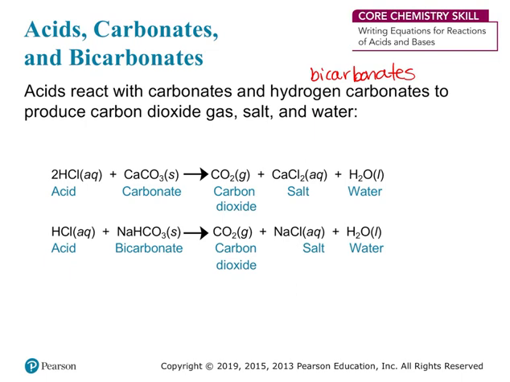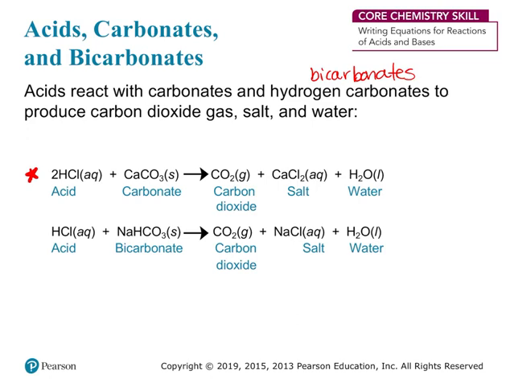And this is actually going to be the type of reaction you'll see in our lab for the week, in the carbonates lab. So let's look at the first reaction. We have hydrochloric acid reacting with calcium carbonate to produce carbon dioxide, calcium chloride, and water.